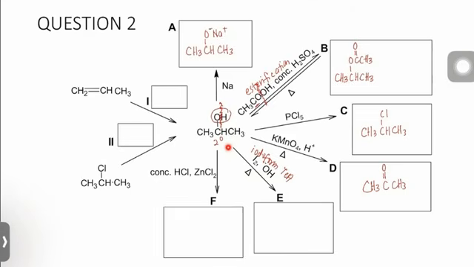So what happened to this propanol is, the methyl group will form the iodoform, become the CHI3. That is the iodoform. And from 3 number of carbon, now it becomes 2 carbon.